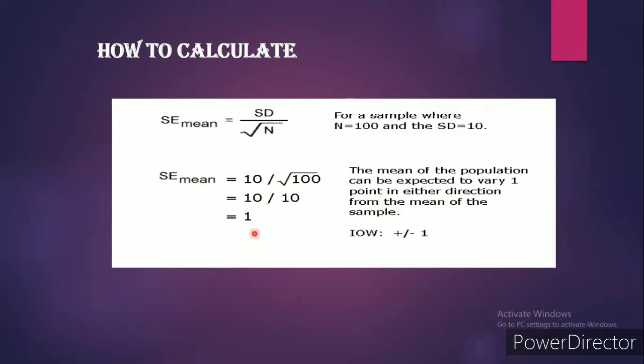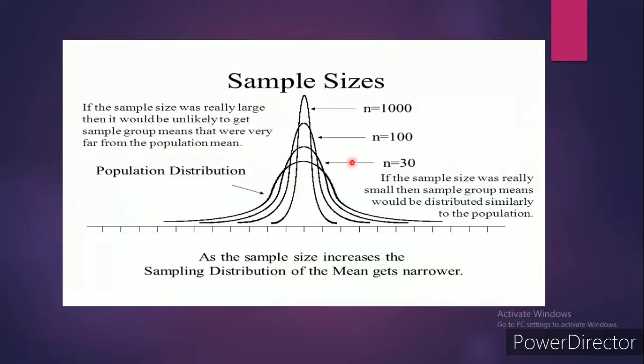This example is of one sample size. Now, we take different sample sizes, that is n is equal to 30, n is equal to 100, n is equal to 1000. In these sample sizes, this one is the population mean and this one is the sample group mean.